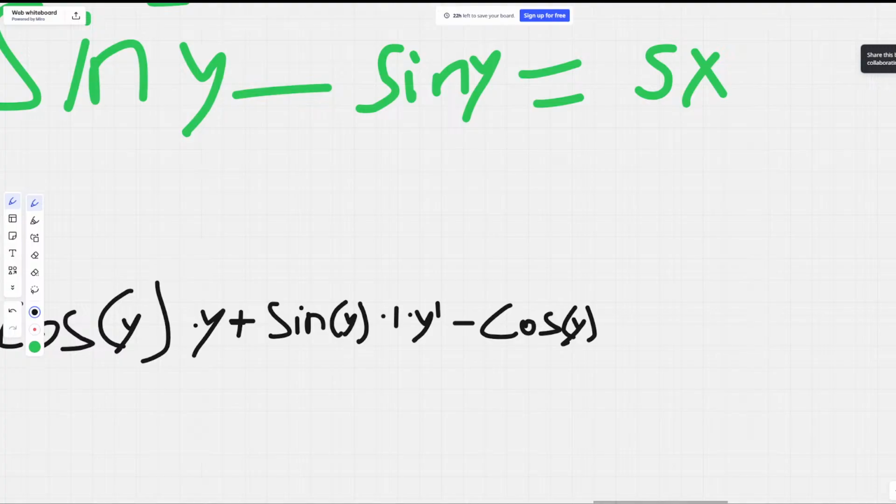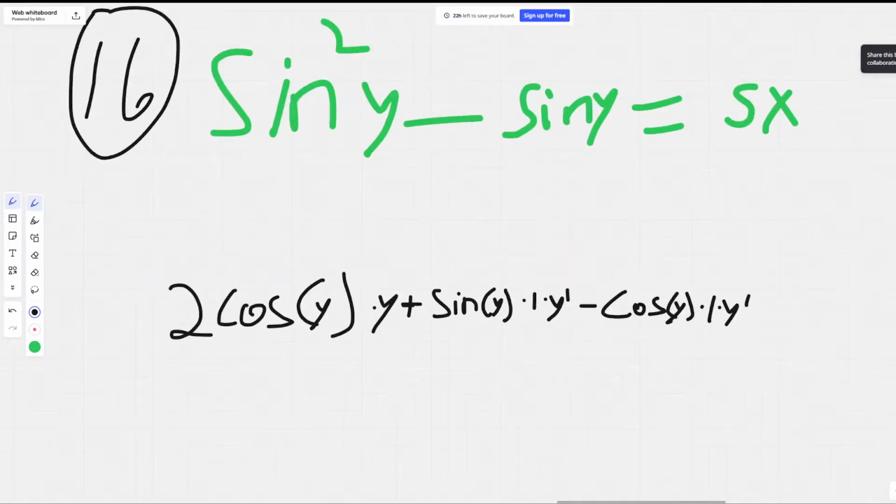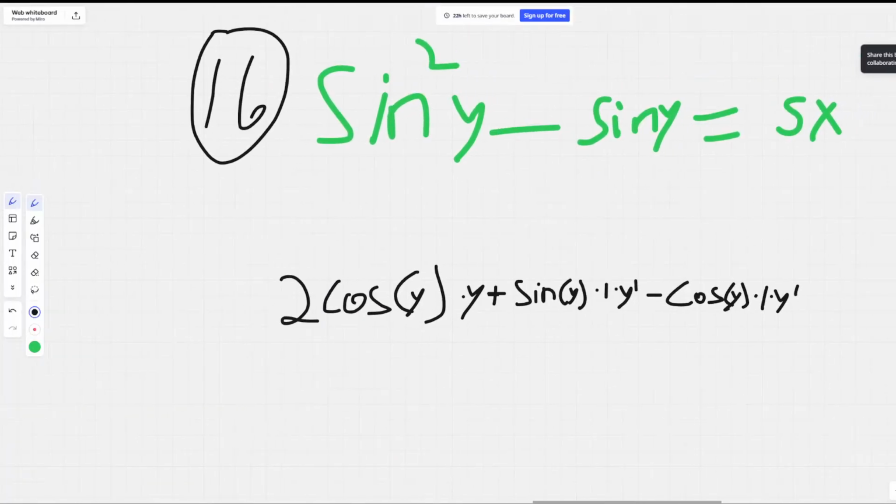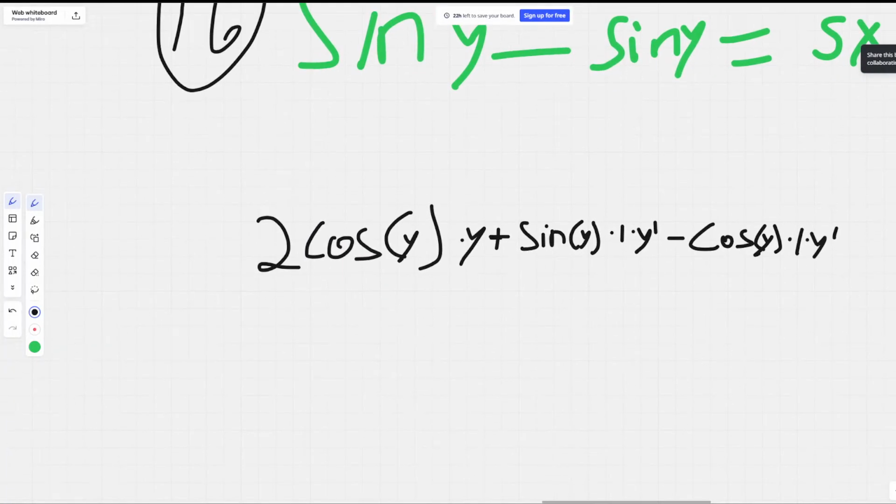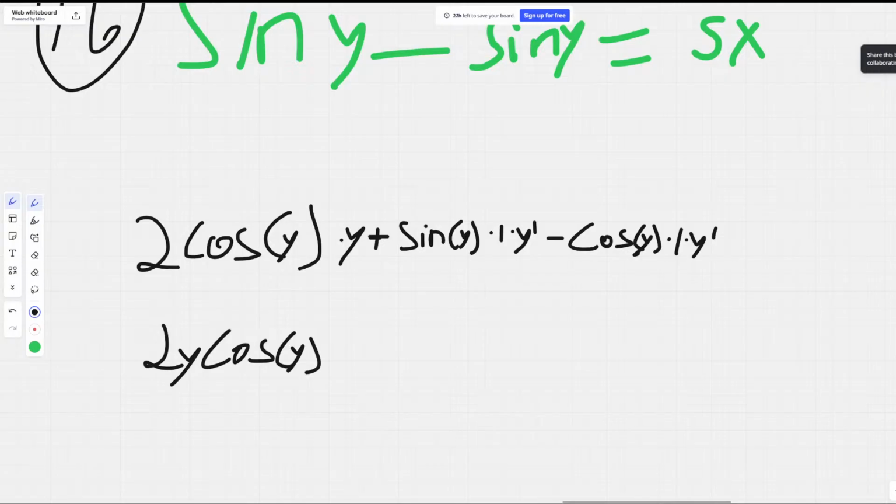That would be cosine y times 1 times y prime. Which would then make 2y cosine y plus this whole bunch.